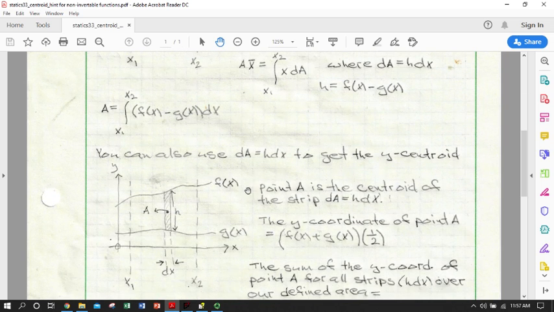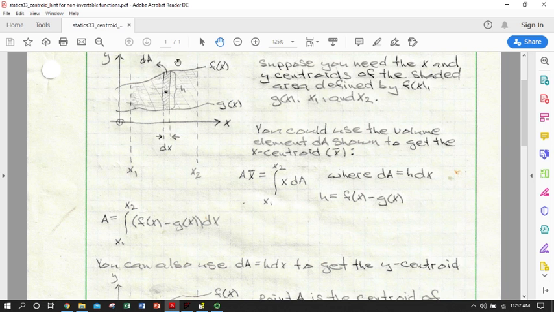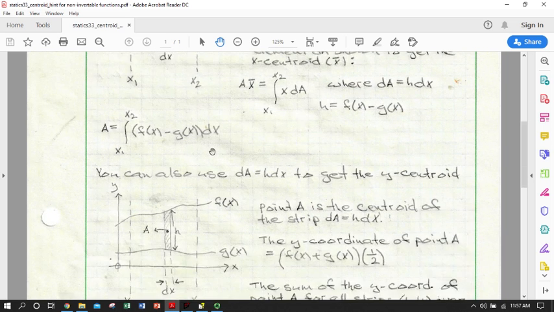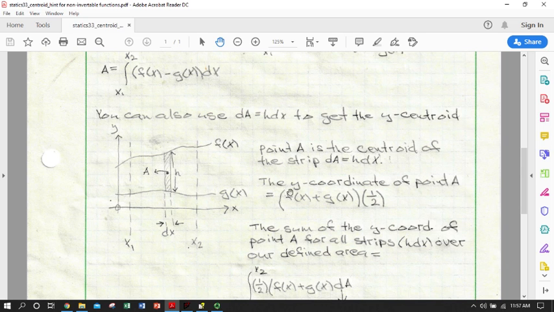And that's the key to getting the y centroid of this entire area. I basically just add up the y centroid of all of these strips from x1 to x2. So let's step through that mathematically and make sure we have our ducks in a row.